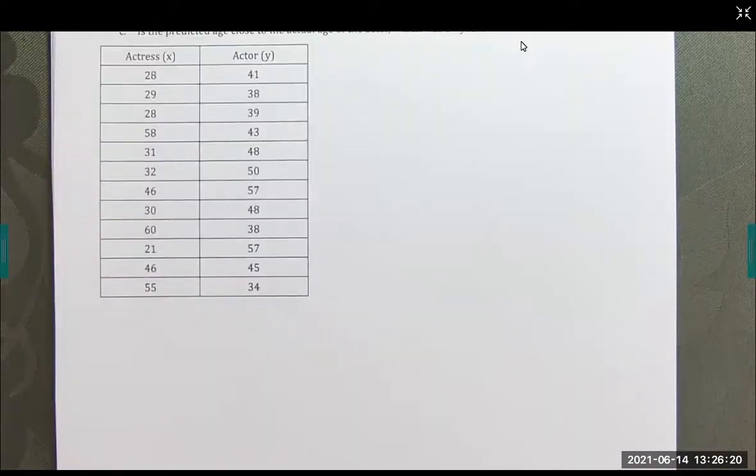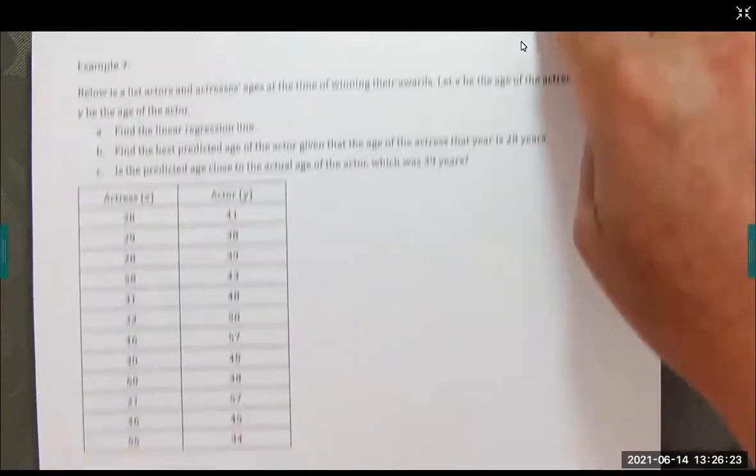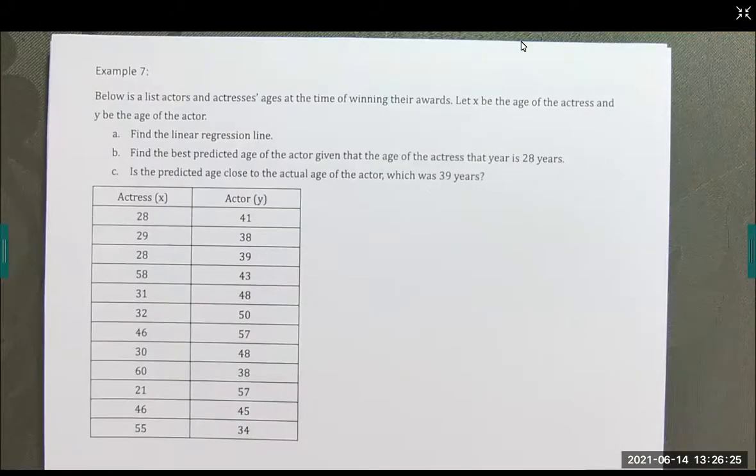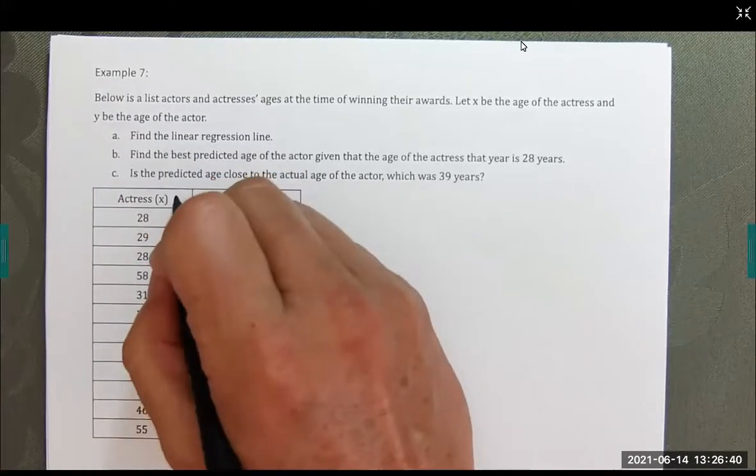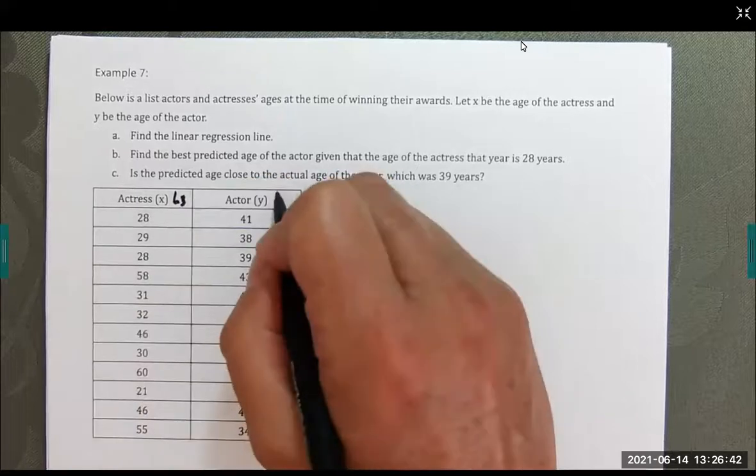All right. Below is a list of actors and actresses' ages at the time of winning their awards. Let x be the age of the actress and y be the age of the actor. Find the linear regression line. I put this into my calculator already. This is my list 3 and my list 4.